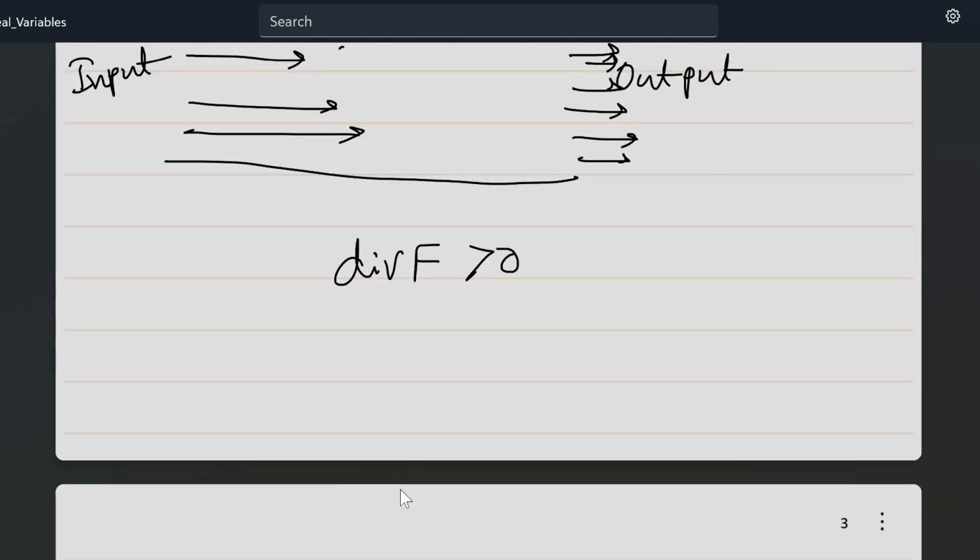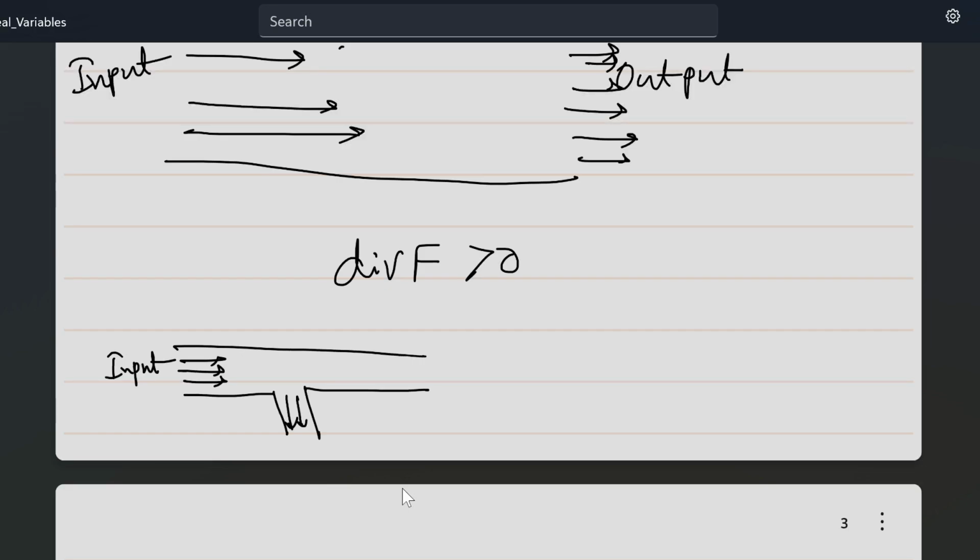Similarly, suppose you have one channel and one portion where your flow is going, but through another channel it is going downwards. That means input and output flow will be very less. So in that case, divergence is negative.